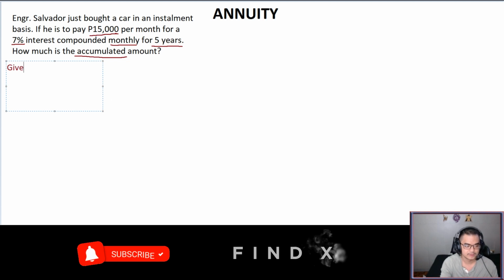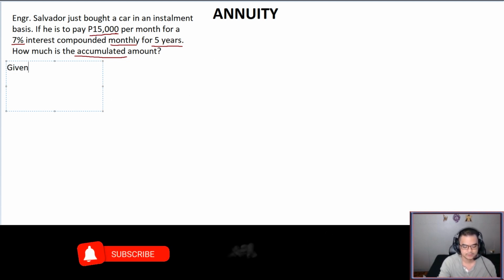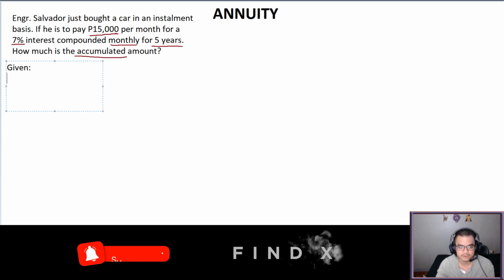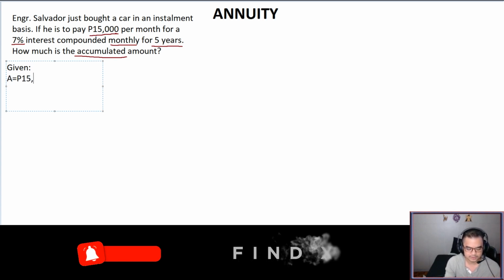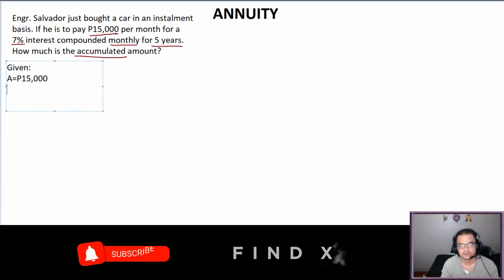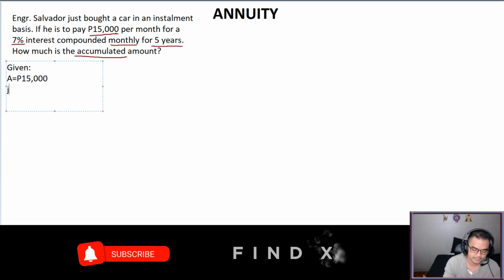Let's put the givens first. Given, we have 15,000. You are paying 15,000 per month, so you have multiple payments for the whole 5 years. That will be your annuity, A, which is 15,000. What else? We have 7% interest compounded monthly. From the word compounded, this 7% must be J, the nominal rate of interest.